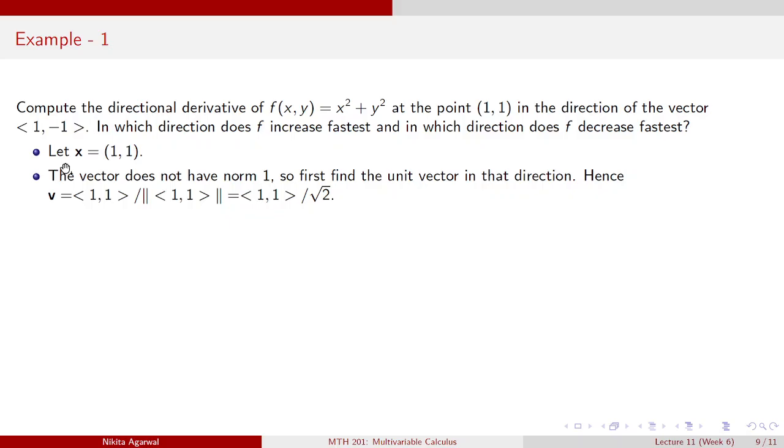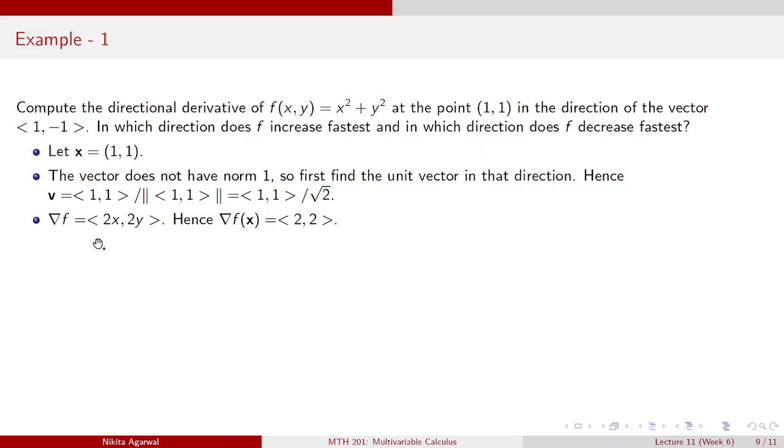Now remember, when you compute the directional derivative, you want a unit vector because you want to compute the rate of change, right? So it has to be a unit vector. So first of all, the given vector has to be converted into a unit vector. So this is a crucial step. So you take v to be the normalized vector, which is (1, -1) divided by square root 2.